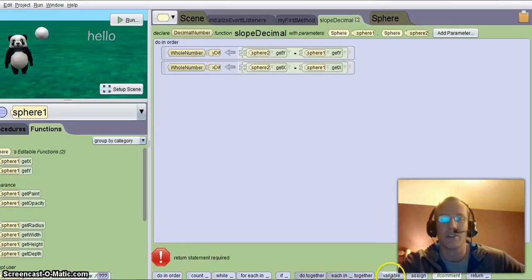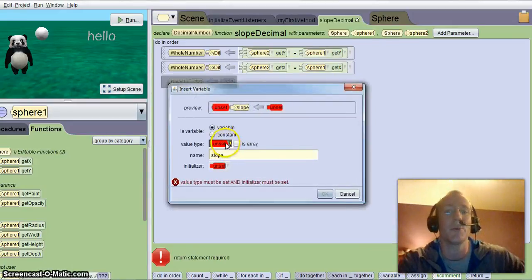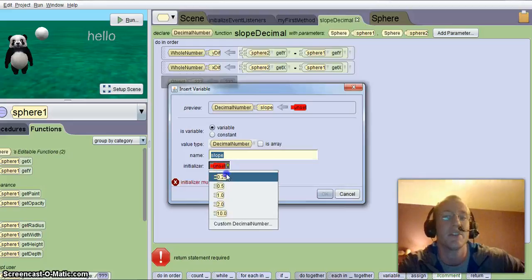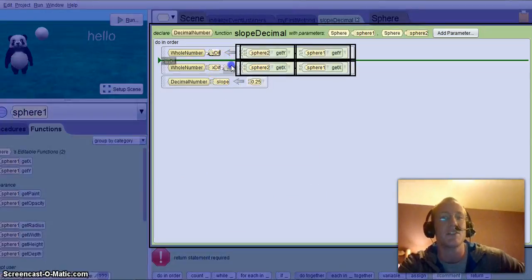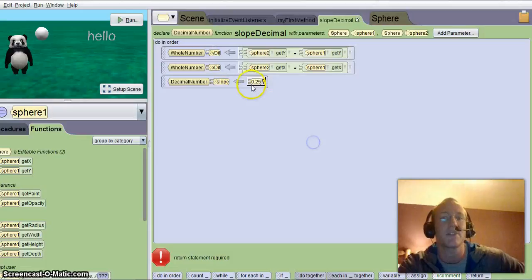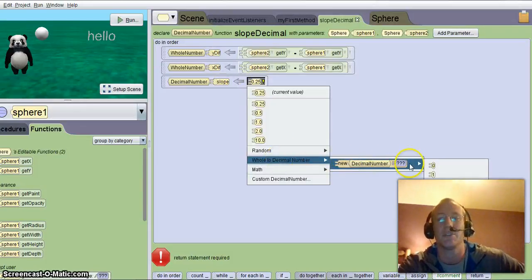So now we can create a variable which is going to be the slope, and it's decimal number. And now we noticed you can't just drag y difference into here because you have to convert it to a decimal number.